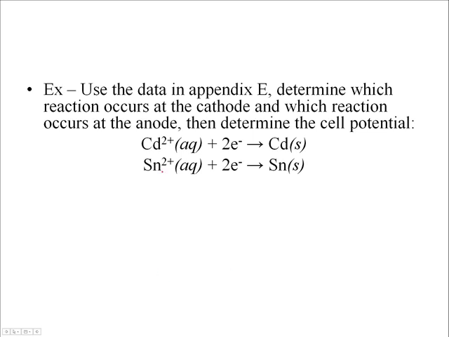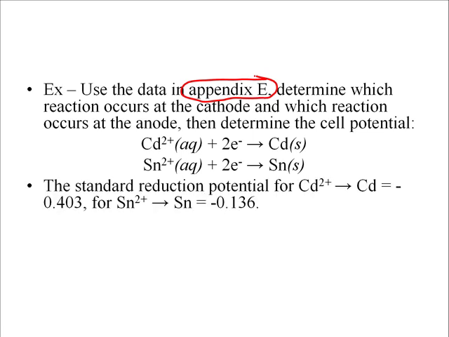Okay, so here's an example where they give you two reactions. You would have to look up these values for the cell potentials in Appendix E or on the equation sheet, and then compare them and determine which one is going to be oxidized and which one is going to be reduced. For cadmium 2 plus becoming cadmium, it's negative 0.403.